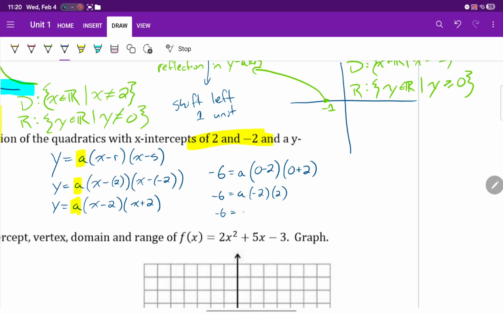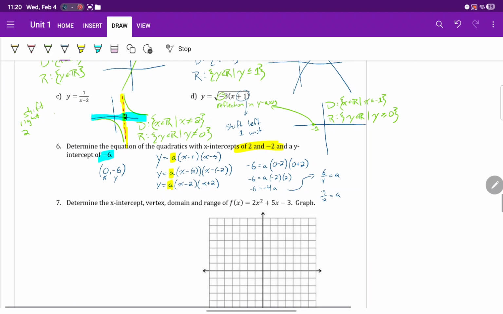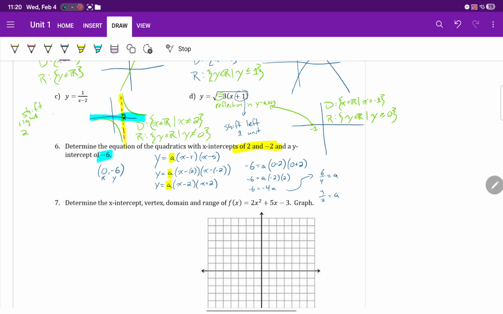That's -6 equals -4a. Just solving for a, I get 6 over 4 equals a, or 3 over 2 equals a. And so if I'm writing out my final equation of this function, it's going to be y equals 3 over 2, bracket (x + 2)(x - 2). And that's my final answer for that function there. Okay?